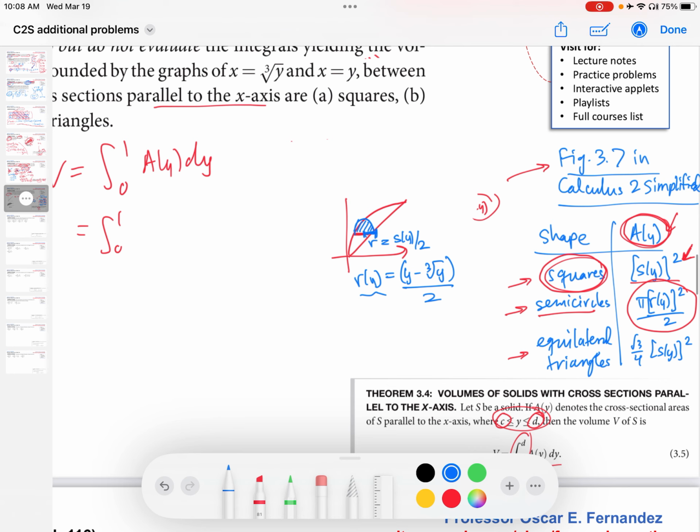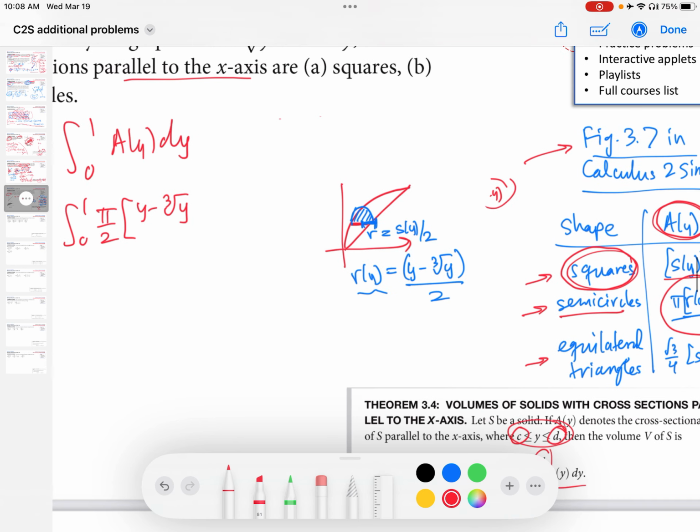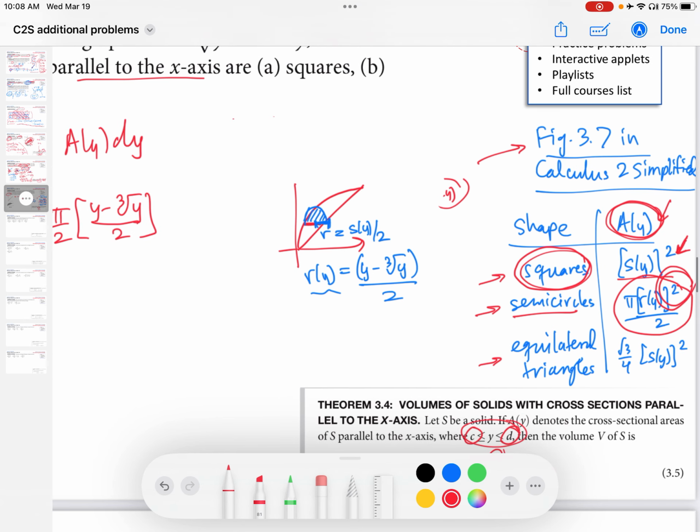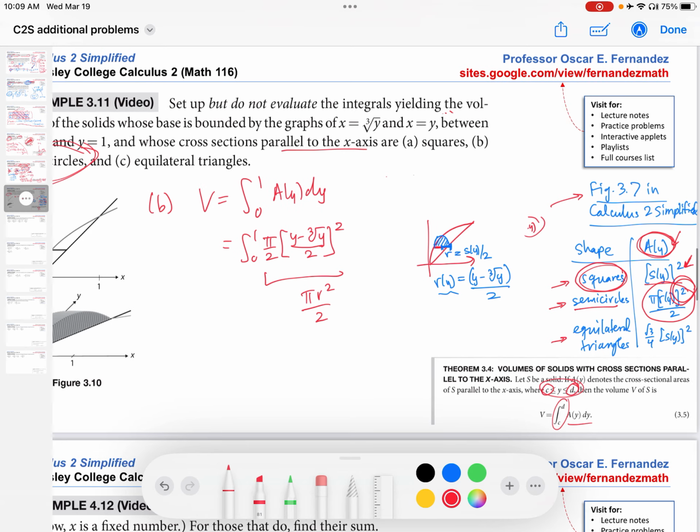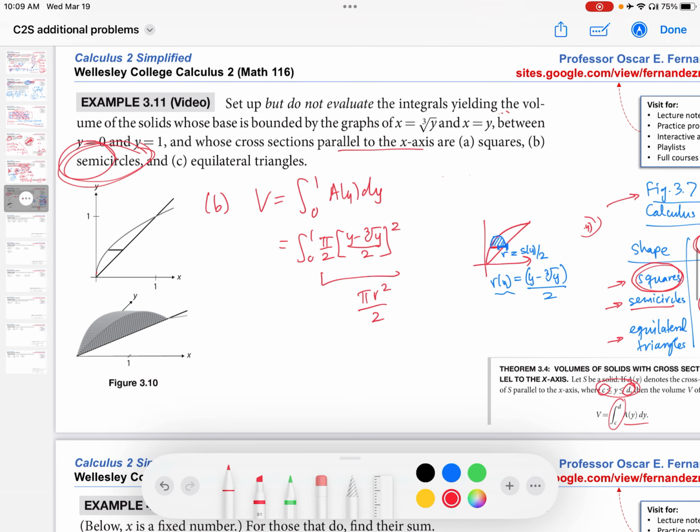So I'm going to go over here and say a of y is pi over 2 times this particular r of y, so this divided by 2, and then over here on the right hand side squared, right? This is basically pi r squared, which is the area of a full circle, divided by 2. Why divided by 2? Because it's a semicircle, right? So I'm making little semicircles here to generate my solid.